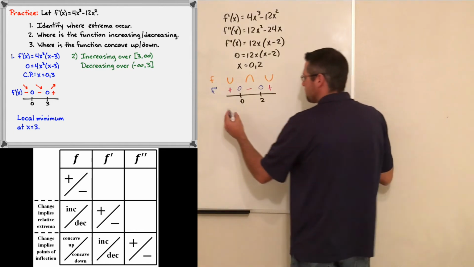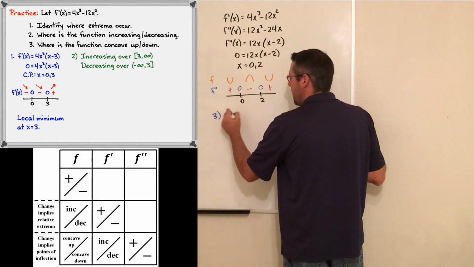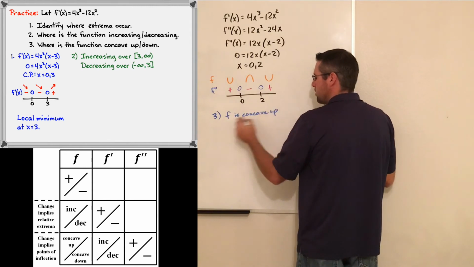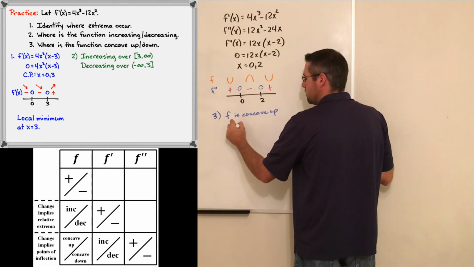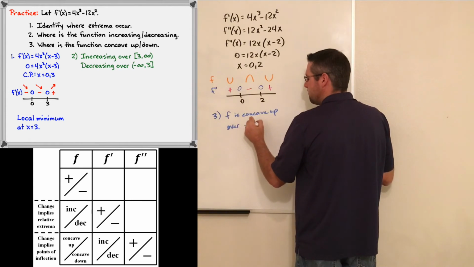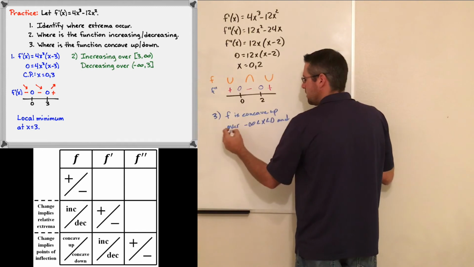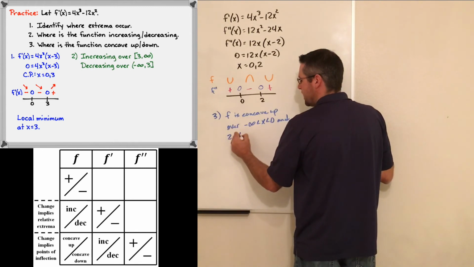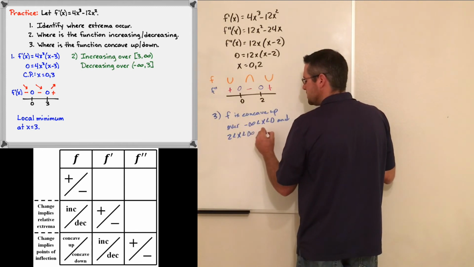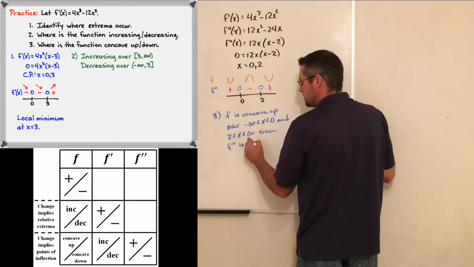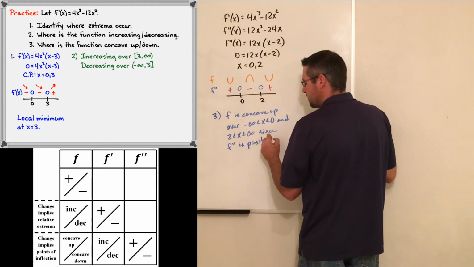We would say, for number 3, f is concave up over the interval negative infinity less than x less than 0, and 2 is less than x is less than infinity, since f double prime is positive. Okay?